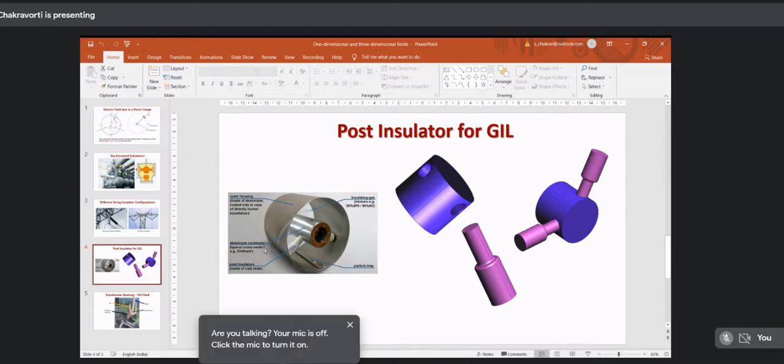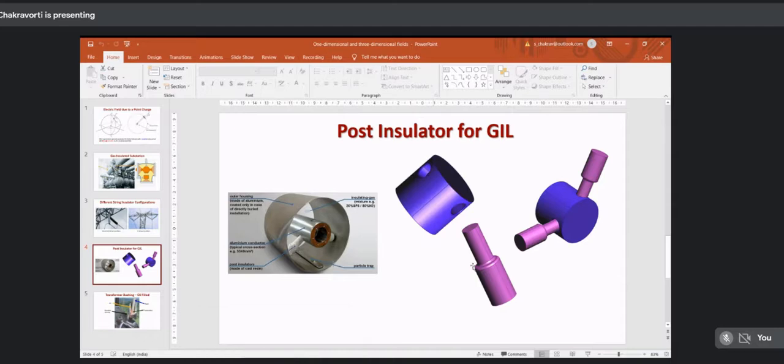But now, when I look at the entire arrangement, I see that I have two post insulators here. Individually, these post insulators are shown on the right side. They are axisymmetric. But the moment I have the assembly, and on the right you can see how the assembly is done, and this is the central conductor, the blue color.